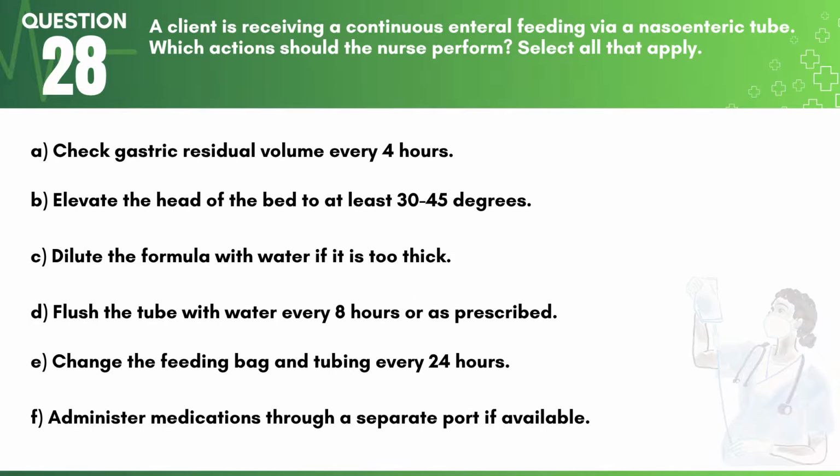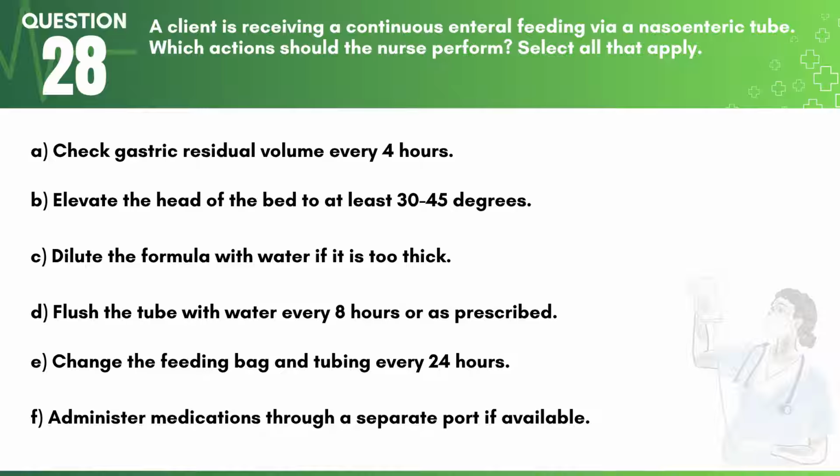Question 28. A client is receiving a continuous enteral feeding via a nasoenteric tube. Which actions should the nurse perform? Select all that apply. A. Check gastric residual volume every 4 hours. B. Elevate the head of the bed to at least 30 to 45 degrees.